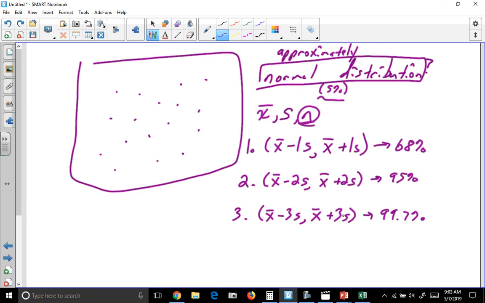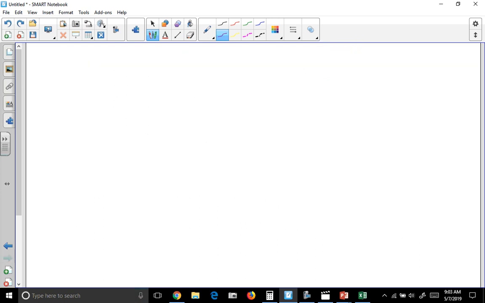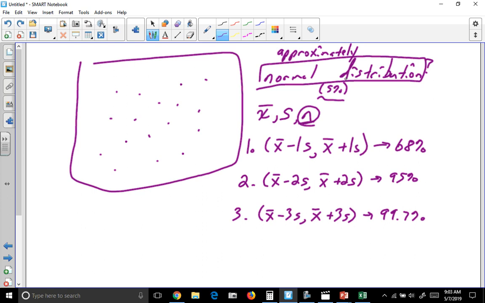But even if one of these fails, if we don't have these values for any one of these intervals, then it is not a normal distribution. So I believe there are examples of that for homework for you to check out. So that is typically normal distribution.